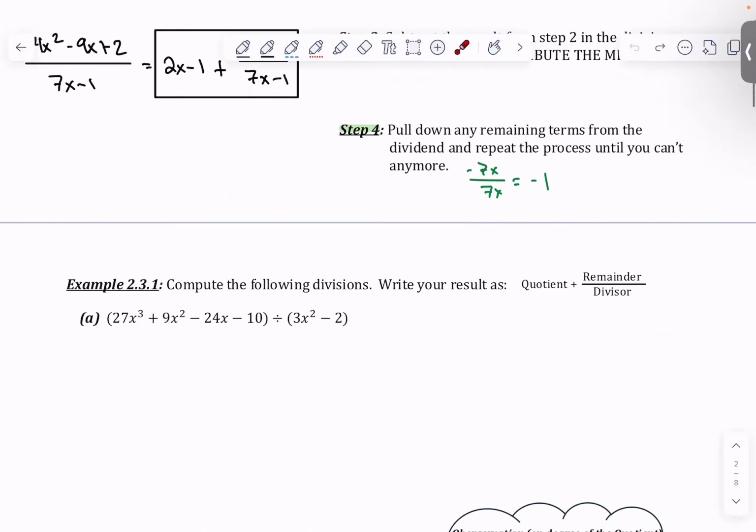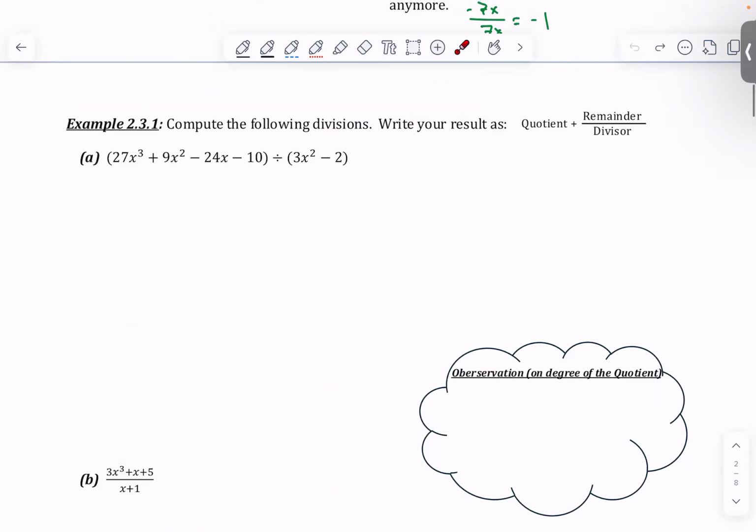Let's do some practice. So we've got this first one. It says 27x cubed plus 9x squared minus 24x minus 10 divided by 3x squared minus 2. If you notice the dividend, the thing that's going to get divided, it has every power of x present: an x cubed, an x squared, an x, and then 10. But the divisor, 3x squared minus 2, doesn't have an x to the first power term.